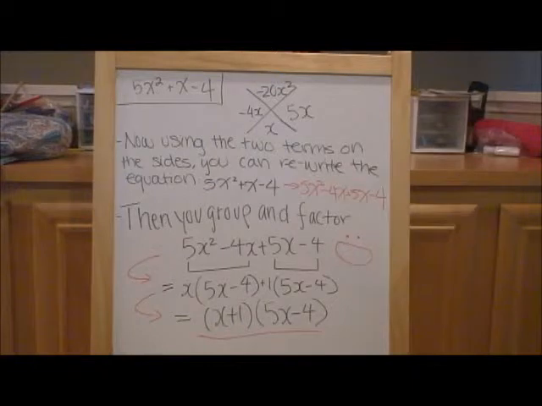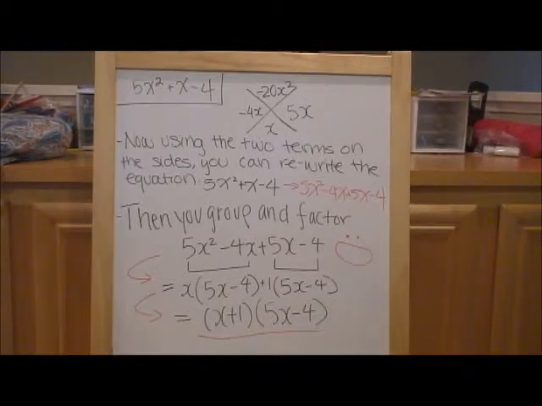Now, using the two terms on the sides, you can rewrite the equation 5x squared plus x minus 4. That goes 5x squared minus 4x plus 5x minus 4. Then you group and factor. You group together 5x squared minus 4x and 5x minus 4.